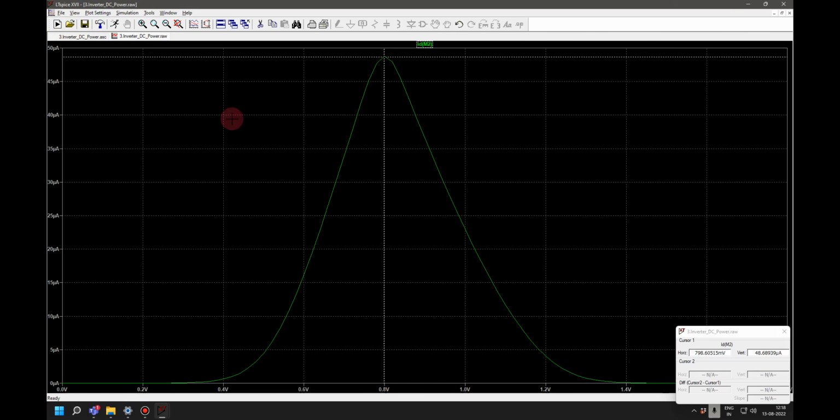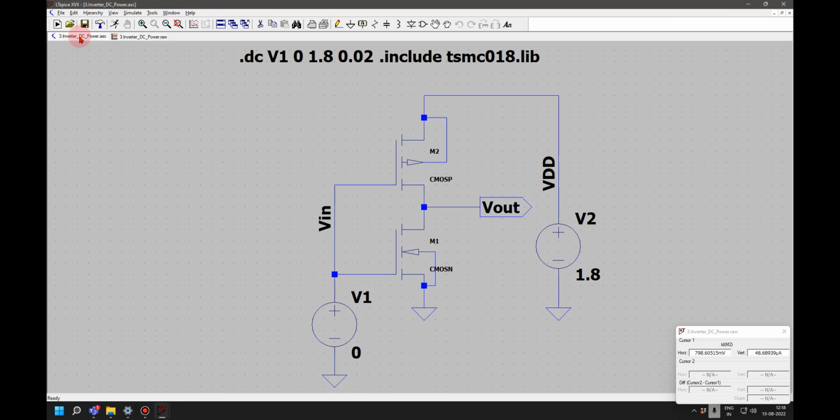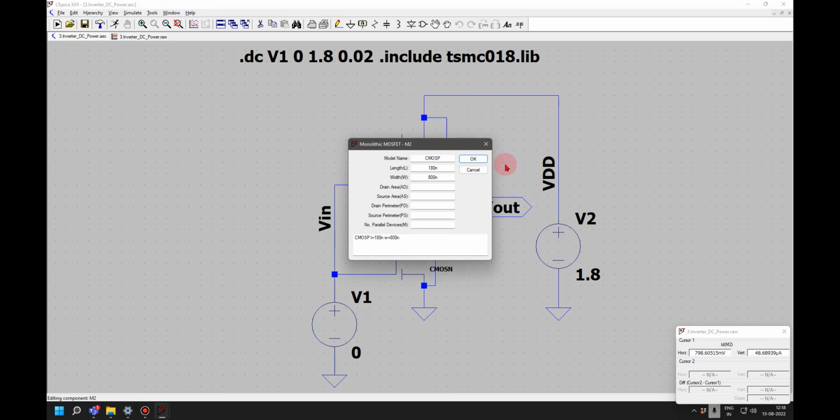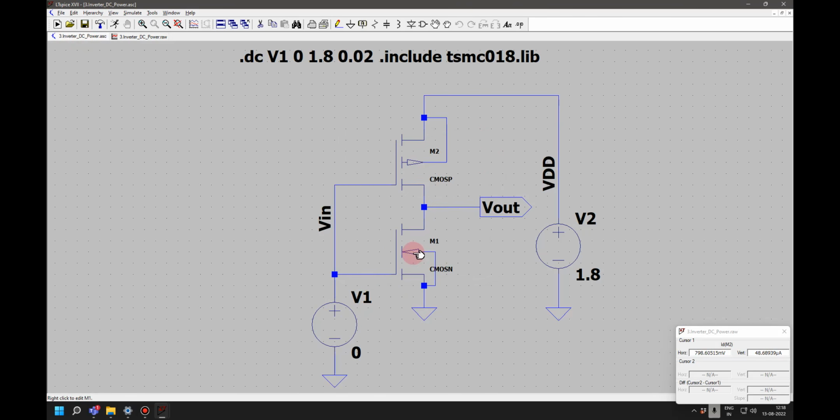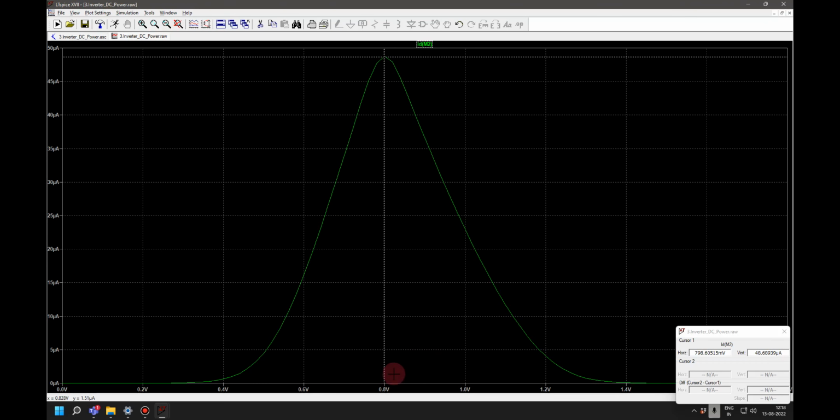Here you see it is not symmetrical in this particular circuit. At 0.8 volt is the inverter threshold voltage, because I have given the PMOS 800 and the nMOS 400, so 1:2. Hence you have to keep it more than 2 to get this exactly at 0.9 volt.